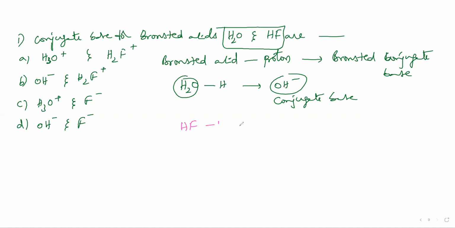From HF also remove one proton, then what will you get? F minus. So this will be the conjugate base. So the conjugate bases for H2O and HF are OH minus and F minus. So what is the correct option, sir? The last option is your correct option.